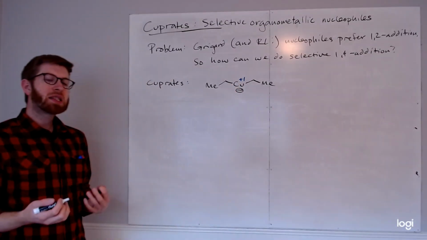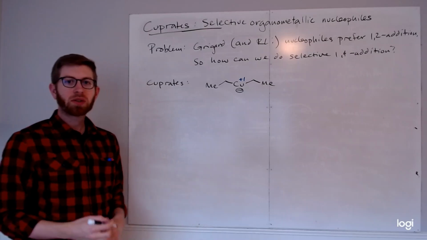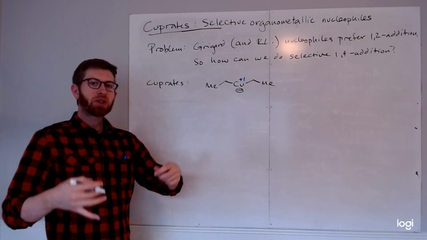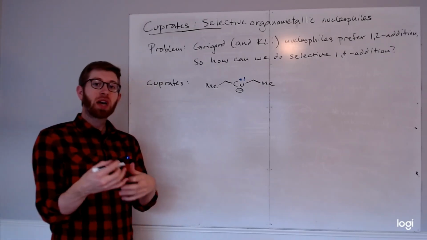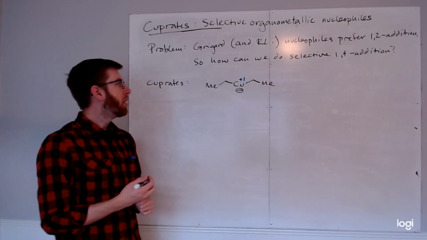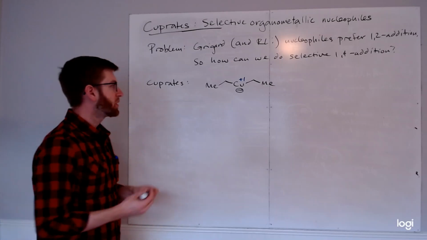We've seen these kinds of effects before, where if we take a metal, maybe an aluminum, for instance, or a boron, and we add groups to it like hydrogens or ethyl groups, it's actually the things attached to that metal, or in the case of aluminum or boron, non-metal center, that becomes nucleophilic and basic, and that's true for cuprates also.